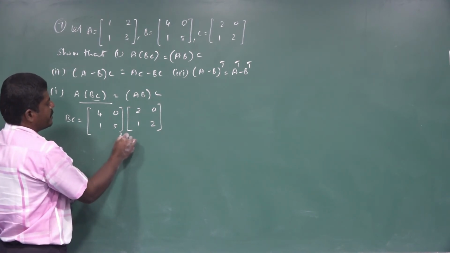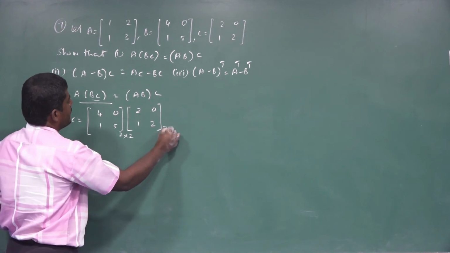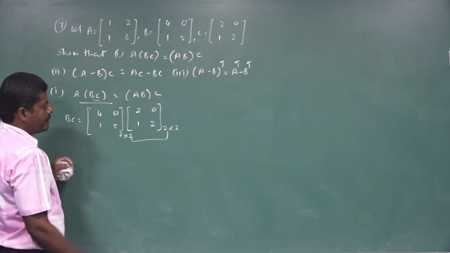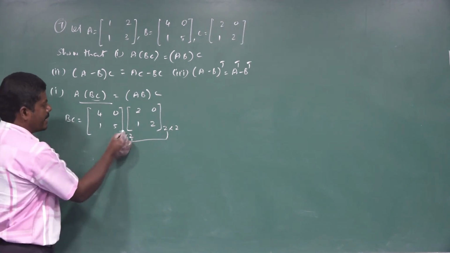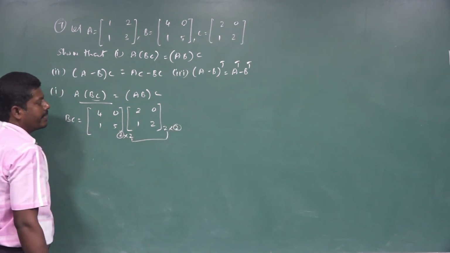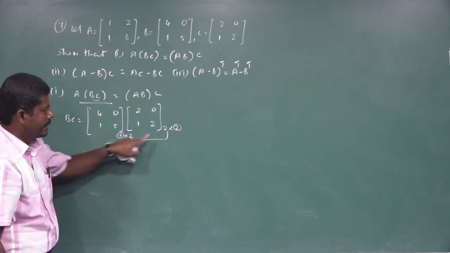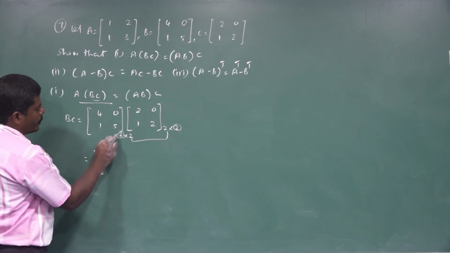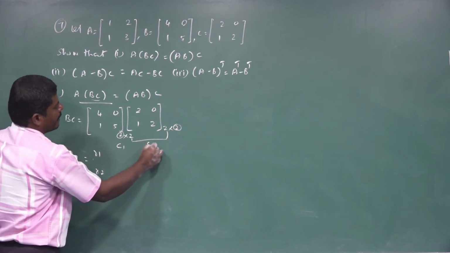Order of our first matrix is 2 by 2. Order of our second matrix is 2 by 2. So these both are equal, so multiplication is possible. Our result order is 2 by 2: 2 rows and 2 columns, row 1, row 2, column 1, column 2.